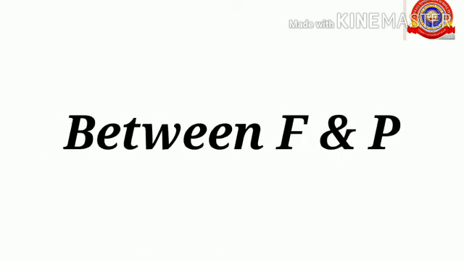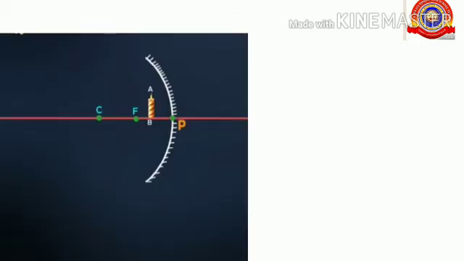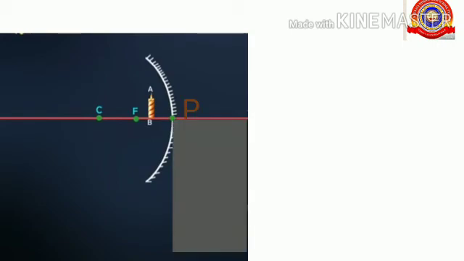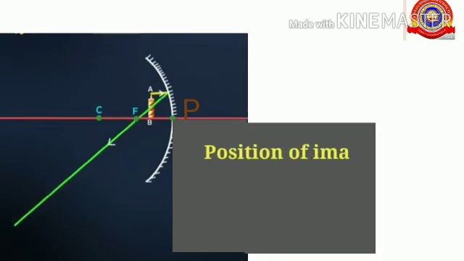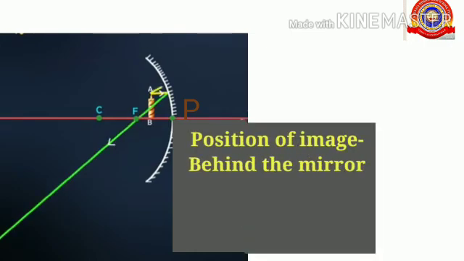Next one, the position of the object between F and P. Here the object is placed between the principal focus F and the pole of the mirror, that is P, and the first ray of light goes parallel to the principal axis, and after reflection it goes through the principal focus.